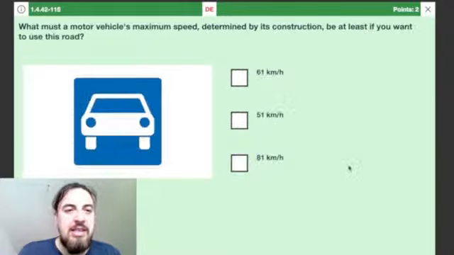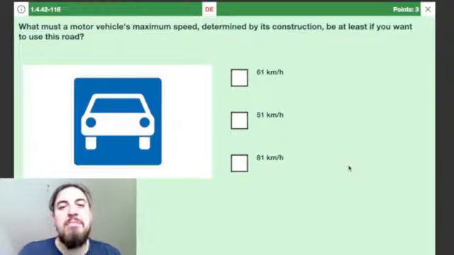Nice. What must a motor vehicle's maximum speed, determined by its construction, be at least if you want to use this road? 61 kilometers per hour, 51 kilometers per hour, or 81 kilometers per hour. All right, that sign means that you're about to enter something like an interstate, and it's the same as on highways.